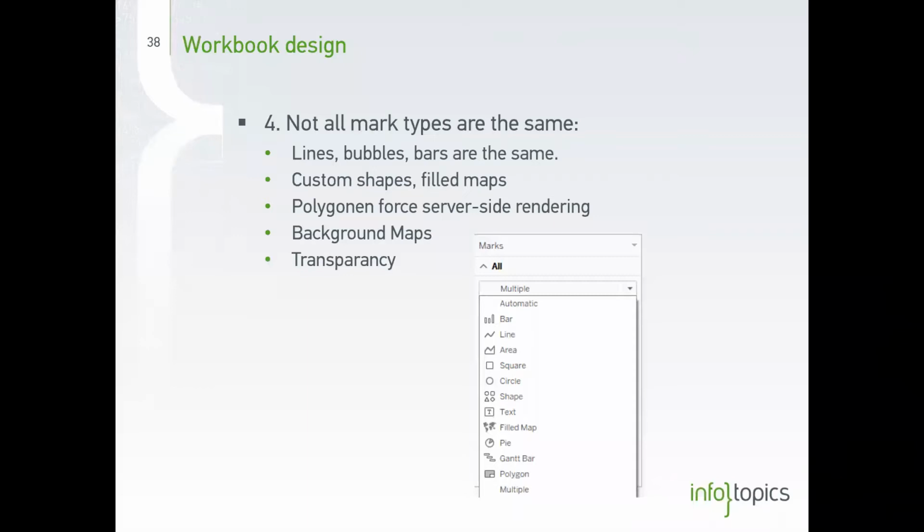But they also force server-side rendering, which means if you publish the workbook to your server, and as a customer or a user of Tableau, I click on the dashboard, Tableau is saying, okay, this dashboard is way too complicated to build. I will build it for you, and I will send you an image. And this image looks like the dashboard.